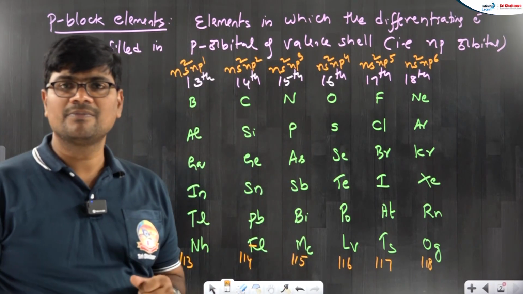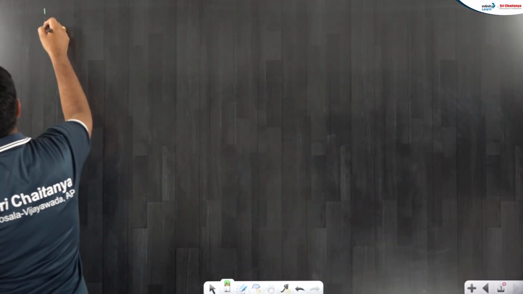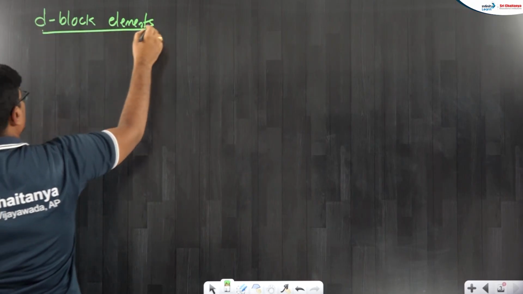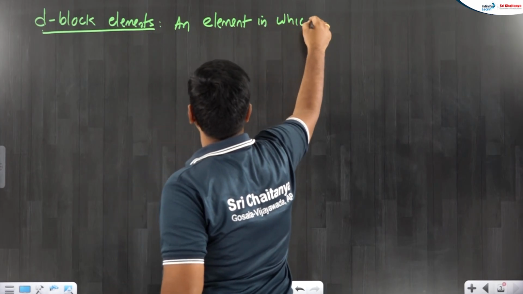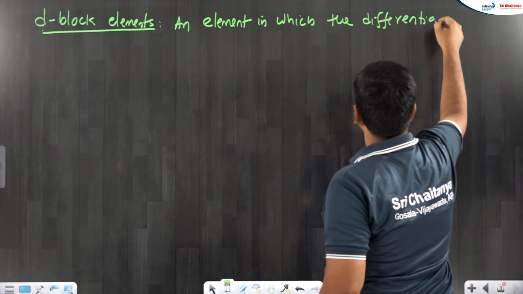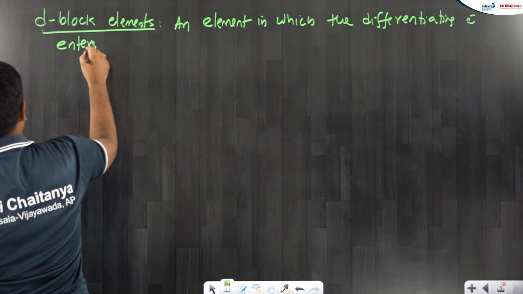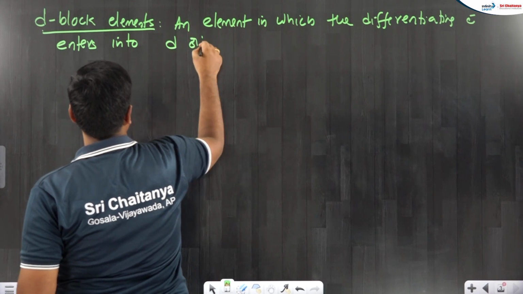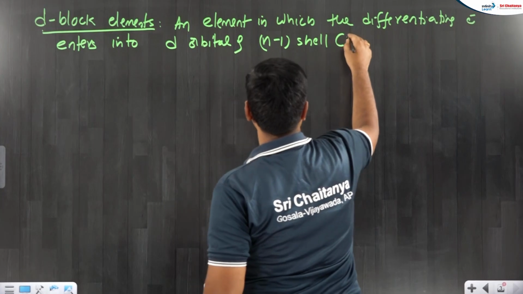Let us go for the definition of d block elements. Here, this is an element in which the differentiating electron enters into the d orbital of the n-1 shell, that is also called the penultimate shell.